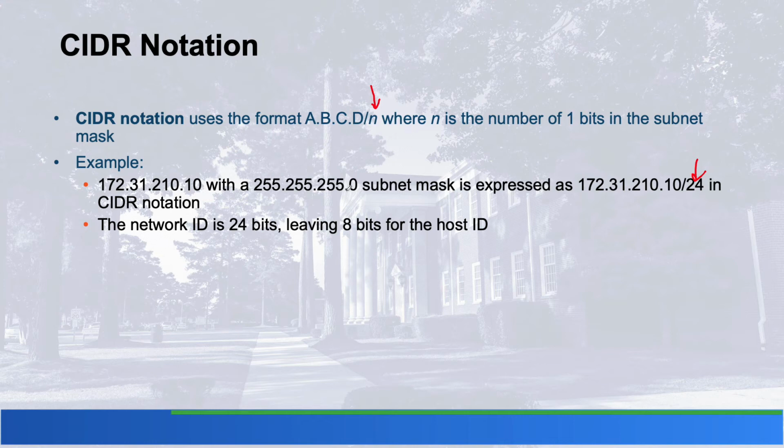We figure out that 24 bits are used to represent the network in this IP address, and then we just write 24 there. So the number after the slash is always going to be how many network or subnet bits you have. Having 24 network bits tells me I've got 24 from 32. I have 8 bits left over for computers.